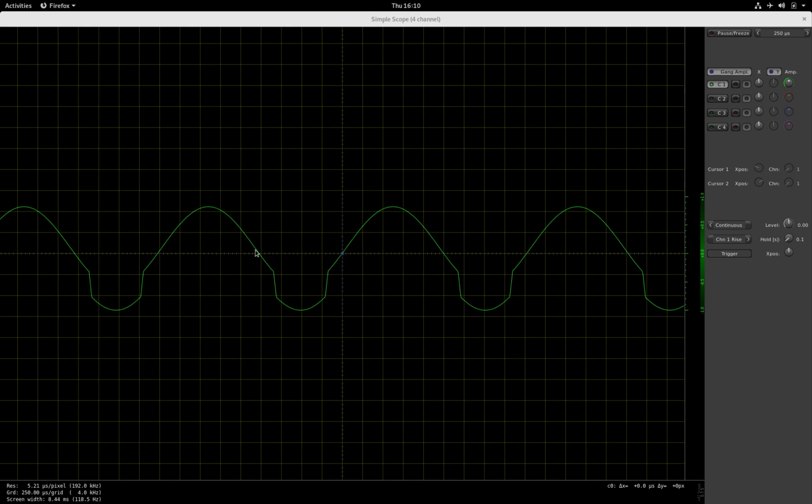And then the fuzz would basically clean up as the input no longer passes through this nonlinear region in the fuzz's transfer function.